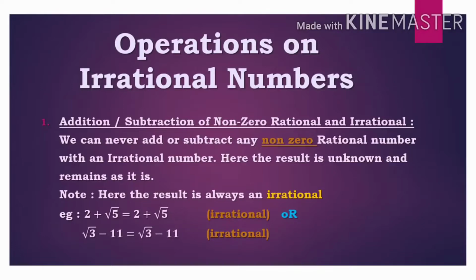Now addition or subtraction. You see children, you already know that addition and subtraction always go hand in hand. Now when I am speaking about addition of rational and irrational, okay?